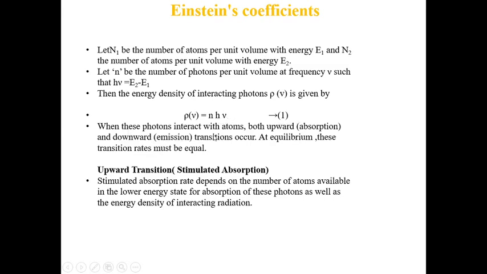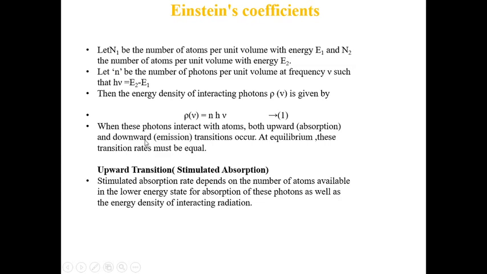When these photons interact with atoms, both upward absorption and downward emission transitions occur. What happens then? Absorption happens: the atom absorbs the photon energy and moves upward.